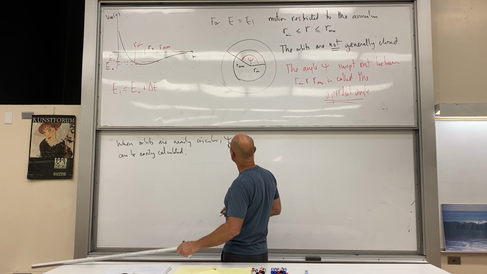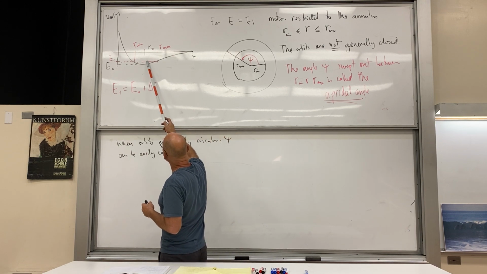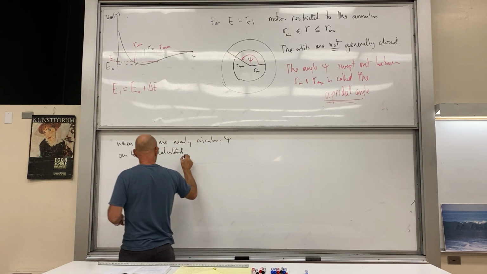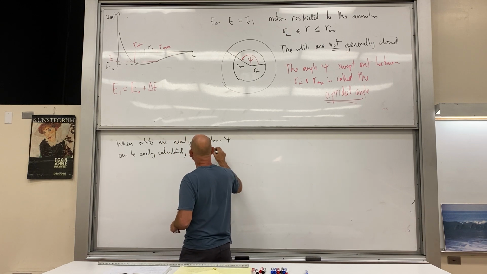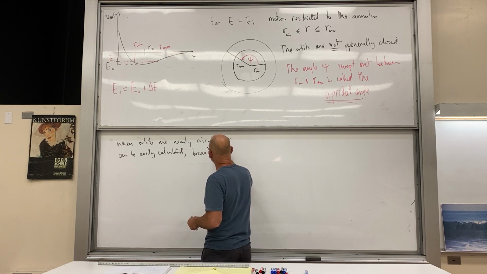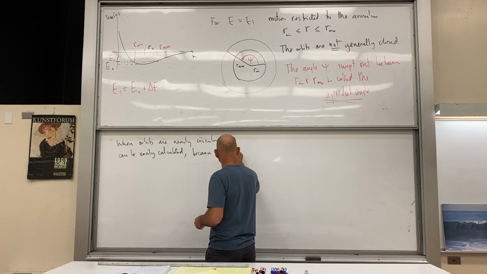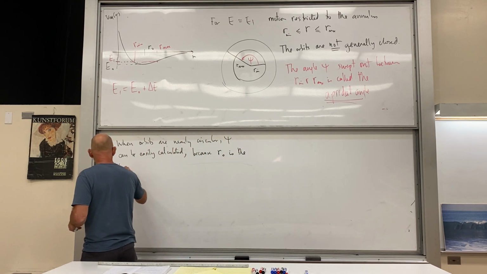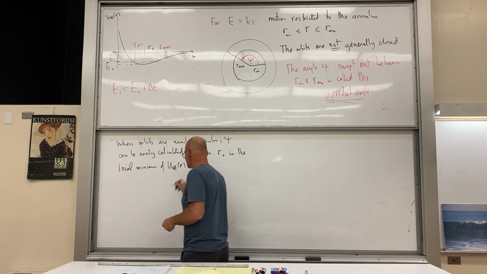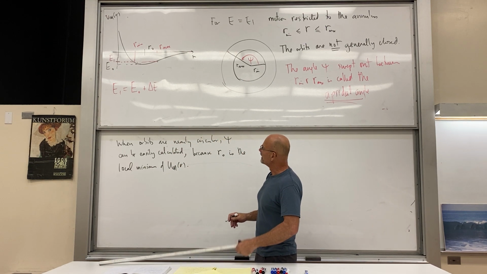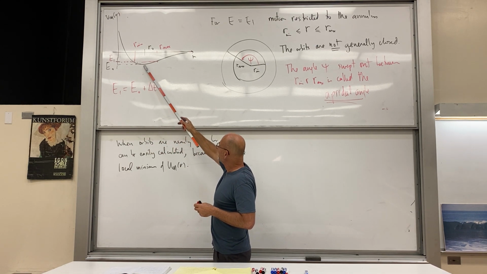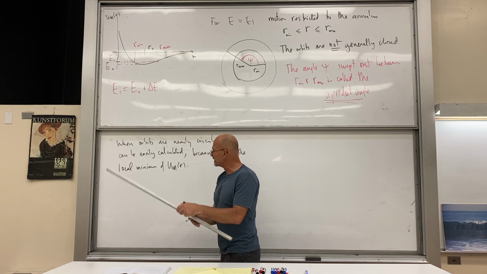When the orbits are nearly circular, we are very close to R sub 0, a local minimum, because R sub 0 is the local minimum of U effective of R. The effective potential, the whole idea was it was effectively a one-dimensional problem, and we can think of the small oscillations about that local minimum.